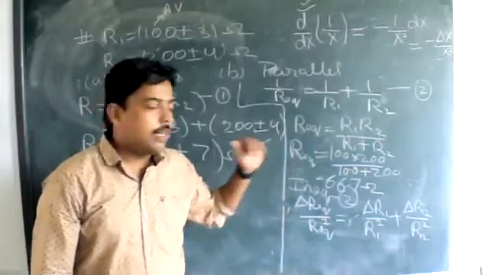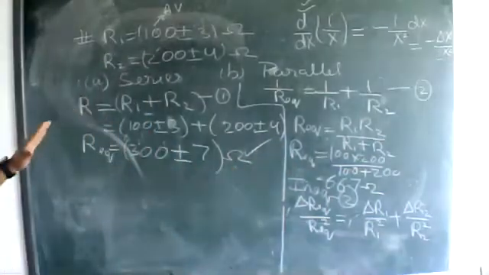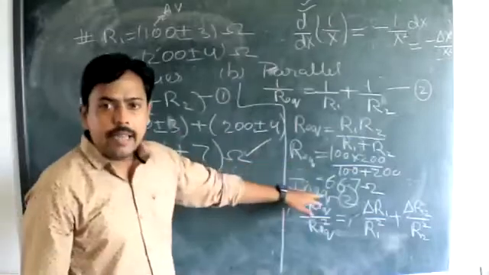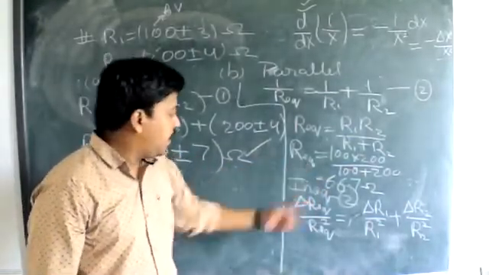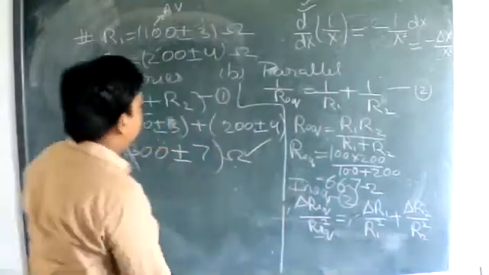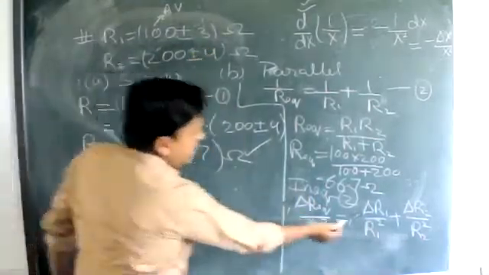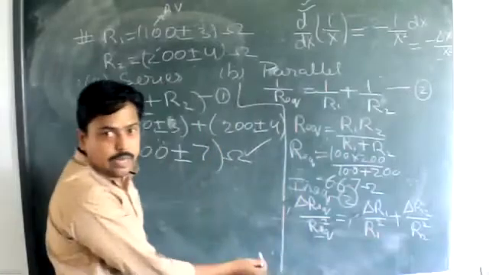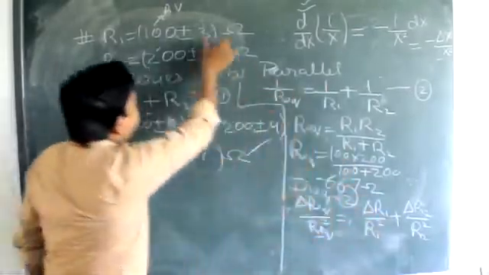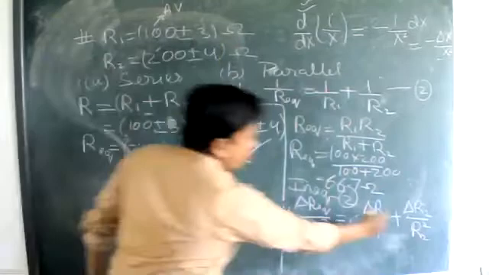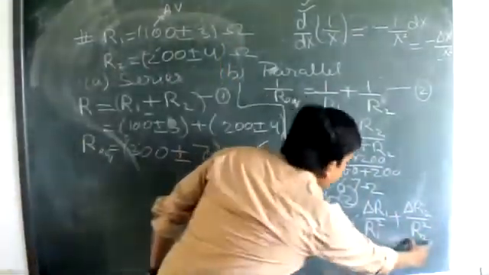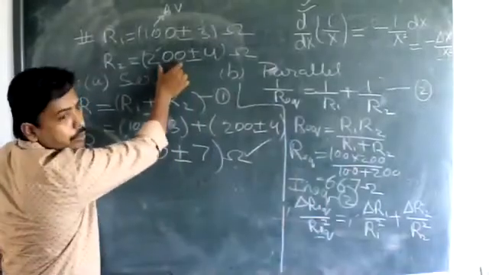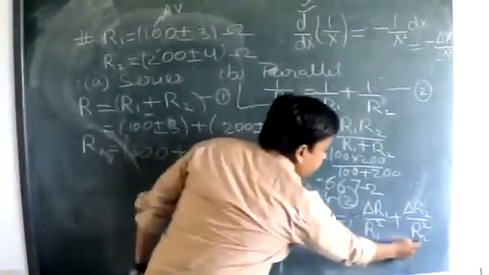Yes, sir. So now we simply put in the required numbers which we have. We have r equivalent, r1 dash, delta r1, the error corresponding to r1, which is equal to 3. We have the error corresponding to r2 and the actual value of r2.